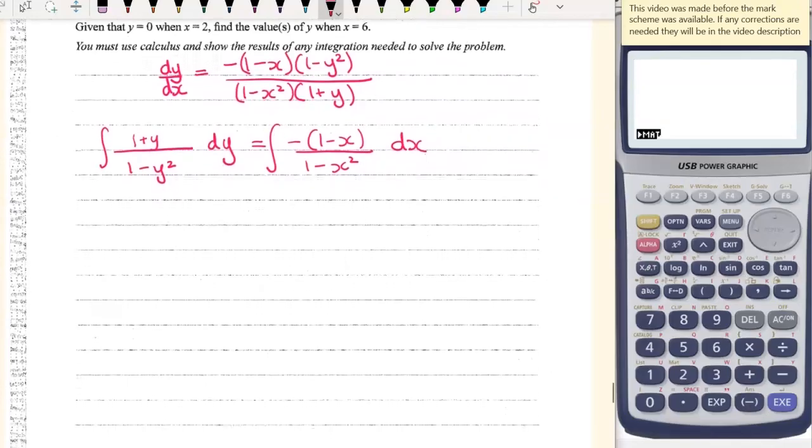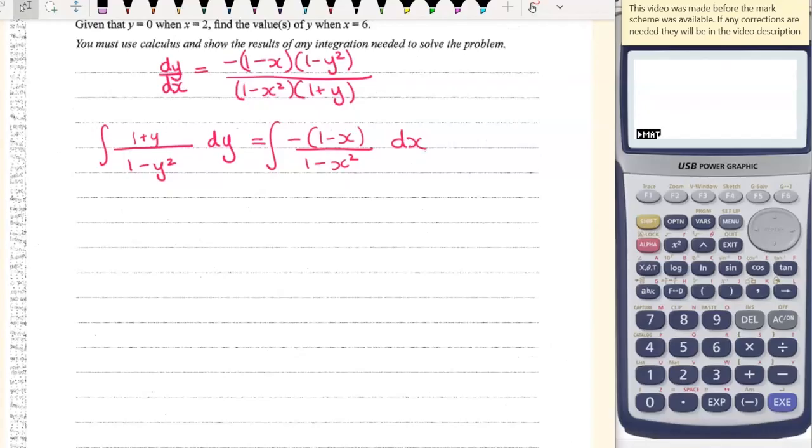Now, this is the tricky part on this one, being able to simplify this into something we can integrate. At the moment, we can't integrate this. But what you needed to recognize is that on the bottom of each of these, we have a difference of 2 squares. And that means that we can do some clever algebra with it to do some simplifying. So this will be 1 minus y, 1 plus y.